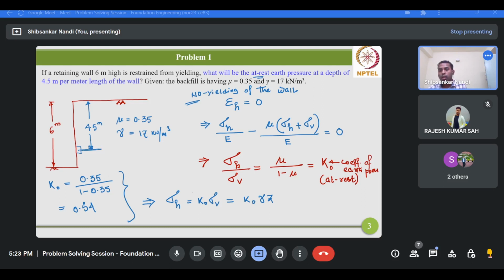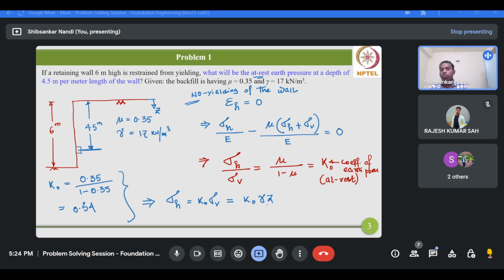If we calculate z from the top of the backfill, the vertical stress would be gamma times z. Gamma is the unit weight of the soil and z is the level at which you are determining the vertical stress.